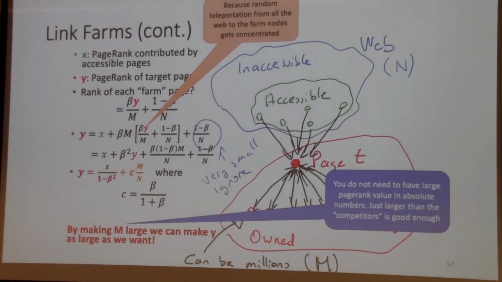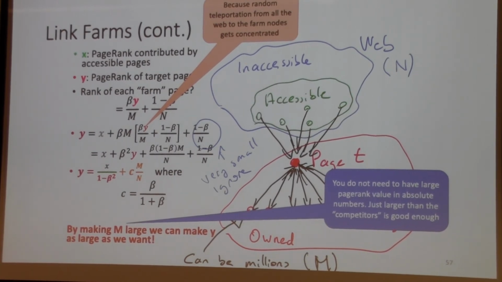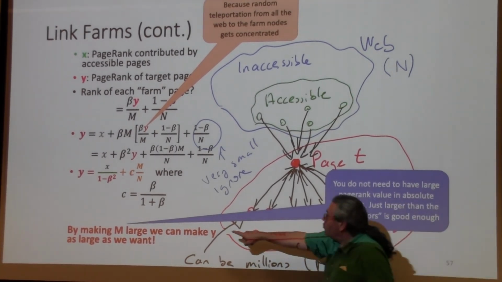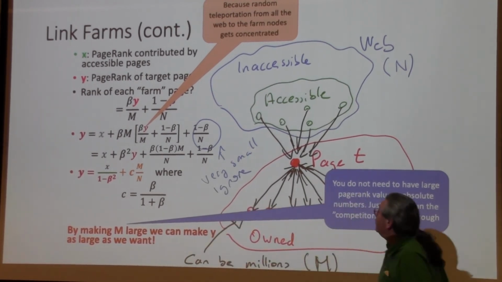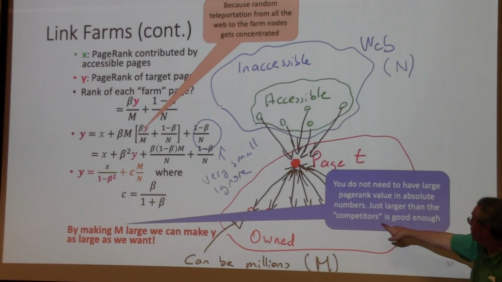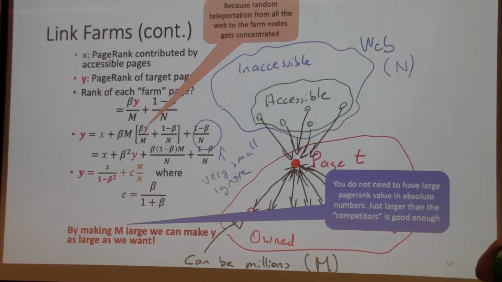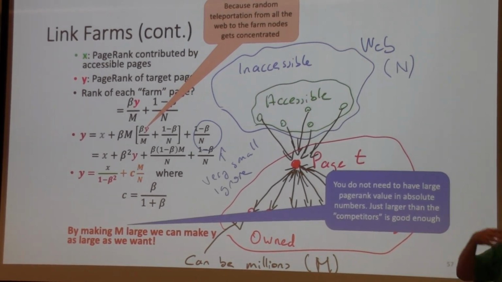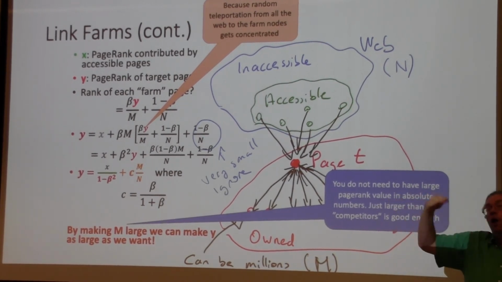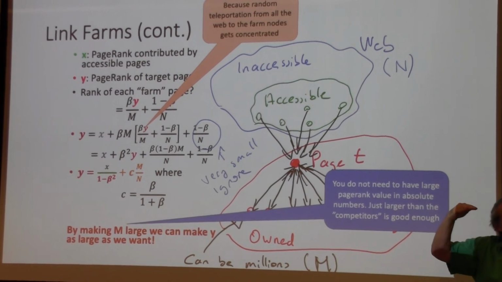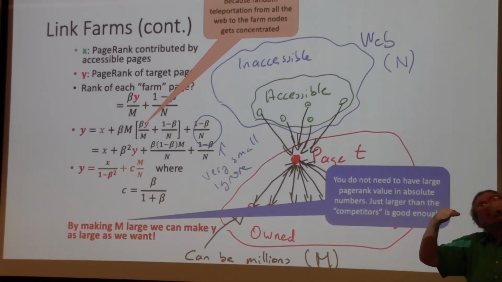Link farming. Another thing is, you don't have to actually make m very, very big. It just has to be bigger than your competitors. So let's say you have a competitor. I'm selling shirts, and my competitor is selling shirts, and we're kind of similar companies. I just need to be a little bit higher than them.